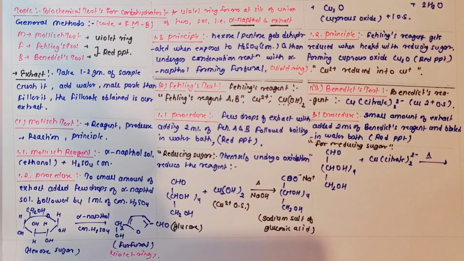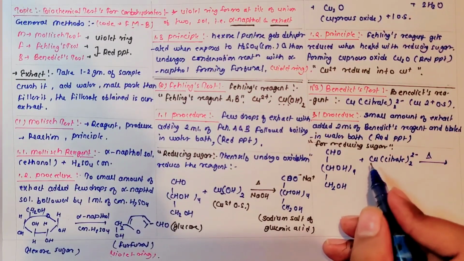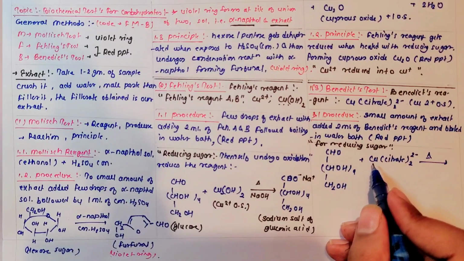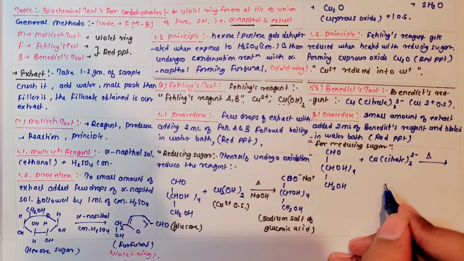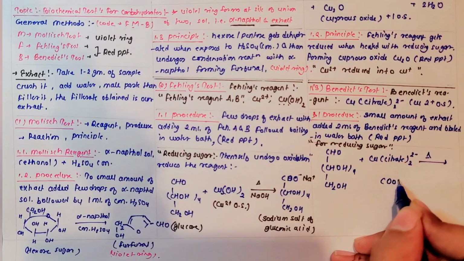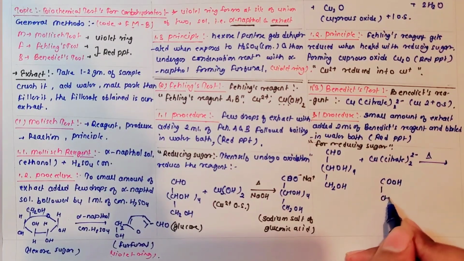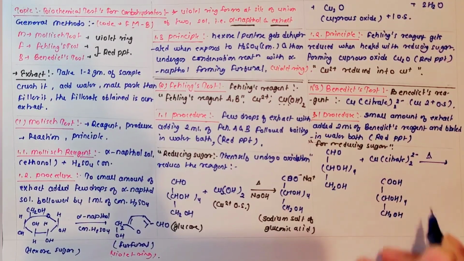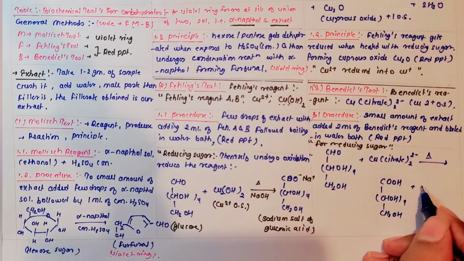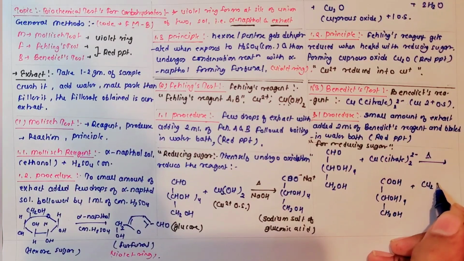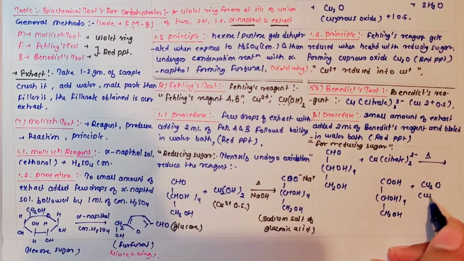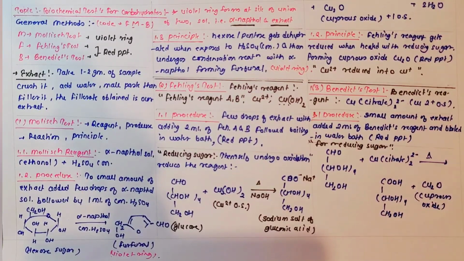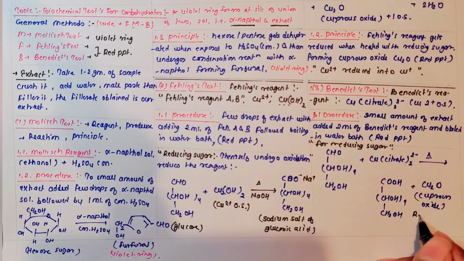So when this reaction takes place, the sugar acts as a reducing agent and reduces copper, and itself gets oxidized. When it is oxidized, it will form the carboxylic group, CHOH4 CH2OH, plus here there will be formation of Cu2O, that is cuprous oxide, and this cuprous oxide gives the red precipitate.